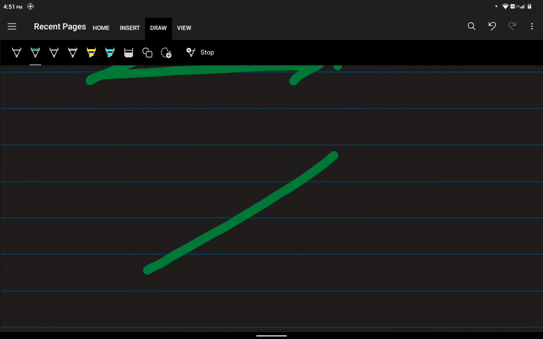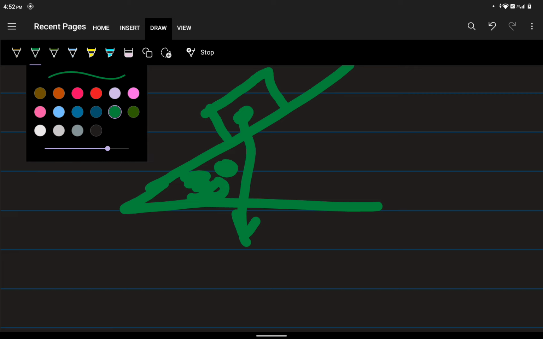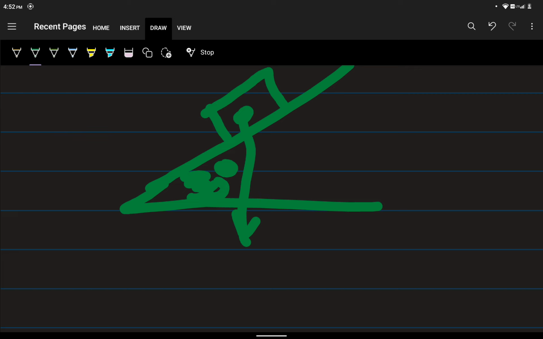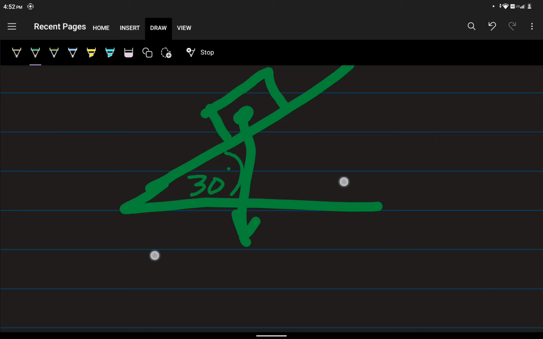Also, in an inclined plane where you're given the gravitational force and then you're given an angle of 30 degrees, this 30, the font size is way too big. Okay, you are required to know how to resolve this force into its components.